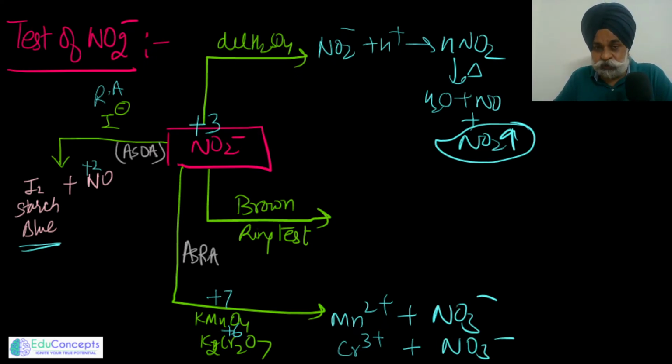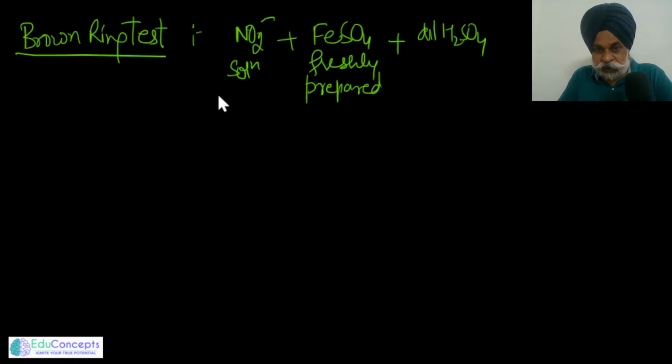And the most important for the nitrite is the brown ring test, which I am going to discuss in a while. This test is equally applicable for nitrite as well as for nitrate.